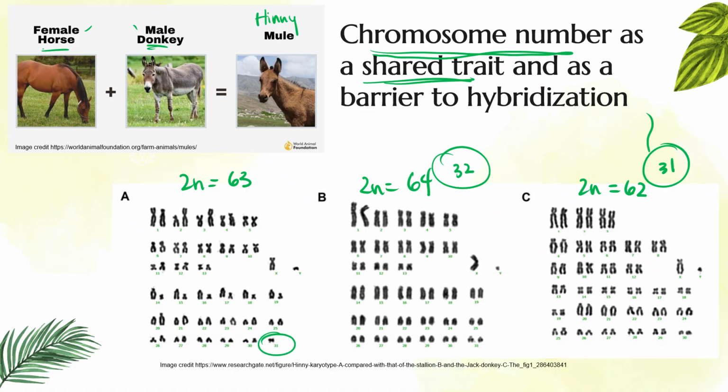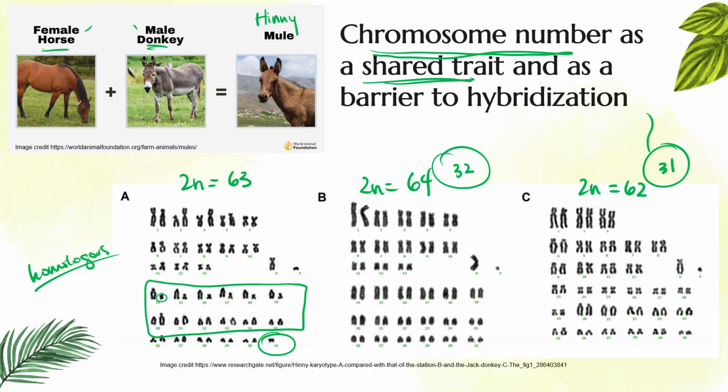We've got this random chromosome that cannot pair up with its homologous pair during meiosis to make potentially fertile eggs and sperm. Notice also we've got a lot of mismatched pairs. Our definition of homologous chromosome pairs are chromosomes that have the same genes at the same loci, the same locations, maybe different alleles, but the same genes at the same locations.